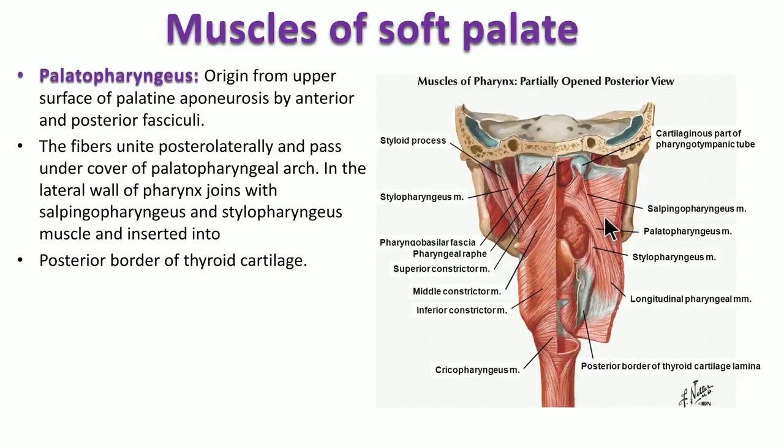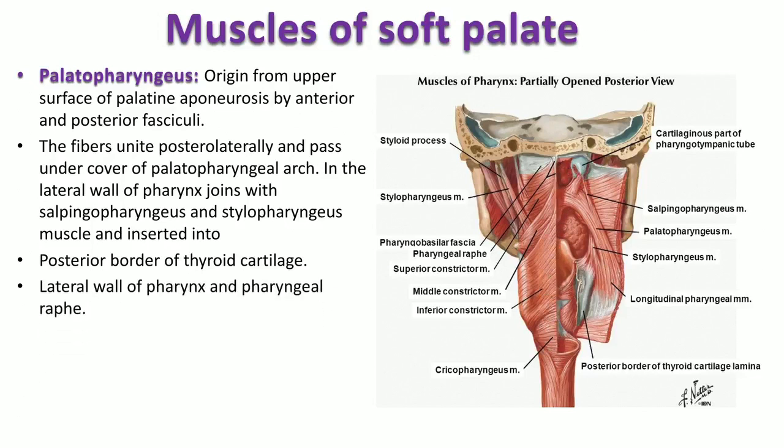So that is one of the main functions of the palatopharyngeus muscle combined with the salpingopharyngeus and the stylopharyngeus. Some of the fibers are inserted into the lateral wall of the pharynx, through which they reach the fibrous raphe of the pharynx, the midline raphe of the pharynx.